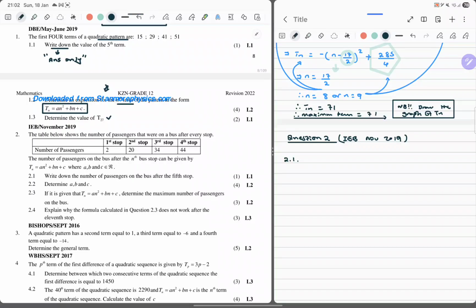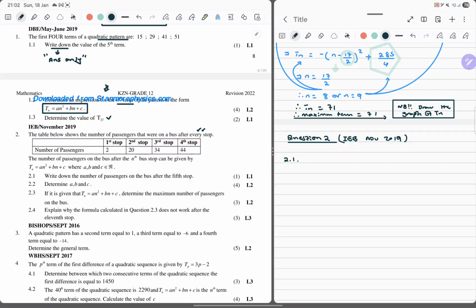All right, so let's see. 2.1 says, we are told that the table below shows the number of passengers that were on a bus after every stop. Now it's either these guys are going off or they are going on, right? These questions can be asked like a very simple 2-mark question. Are the passengers getting onto the bus or getting off the bus?